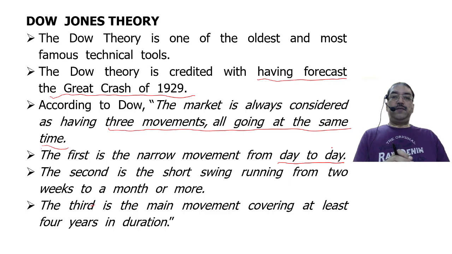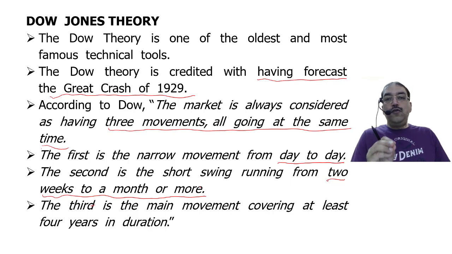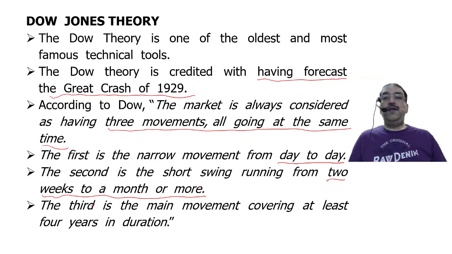The second movement is the short swing running from 2 weeks to a month. So you can see the period here, 2 weeks to a month or more. The first movement, also called the primary movement, is going to give you the long-range cycle, or the long-term effect of the entire market, whether it is going to be a bull market, which is increasing, or a bear market, which is going to decrease.